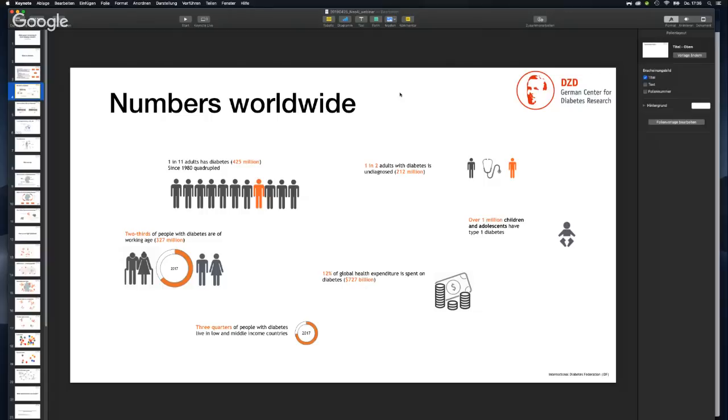In former times, it was assumed that diabetes is more related to elderly people, but actually 2/3 of all the people with diabetes are of working age. And that costs the global health insurances $700 billion per year.